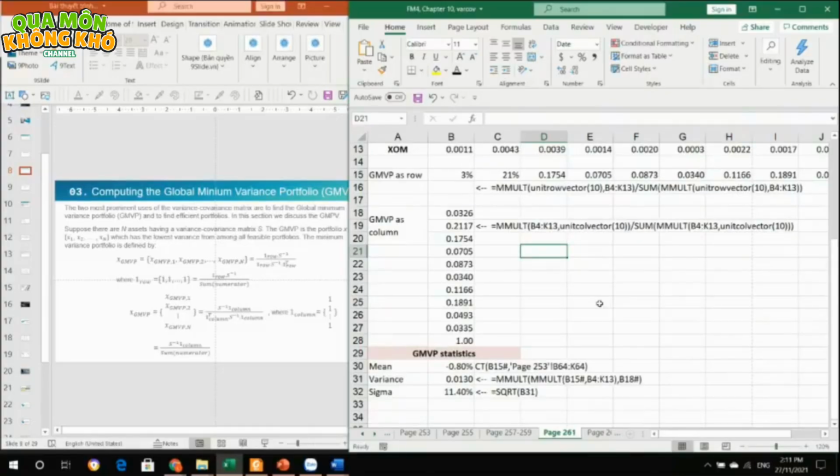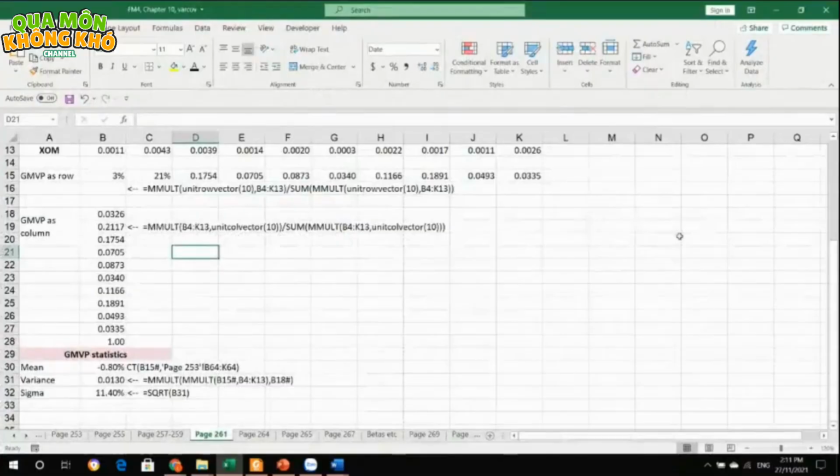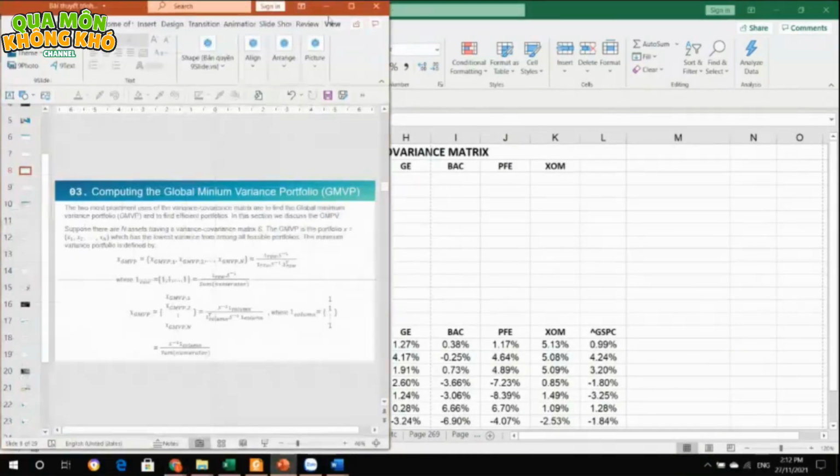So this proportion is very pivotal for fund managers or investors to optimize those portfolios with the maximum mean return and the minimum variance. Okay, continue. Thank you.